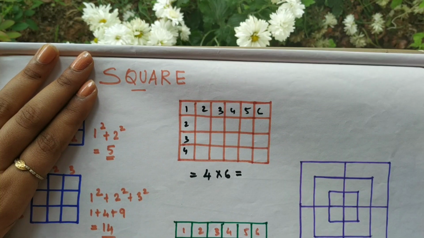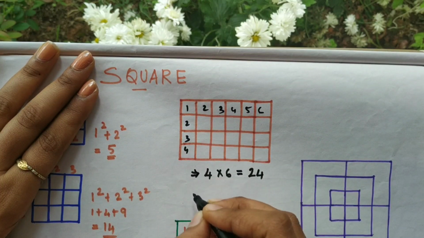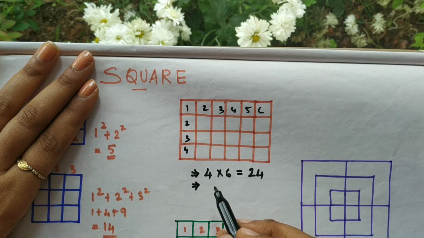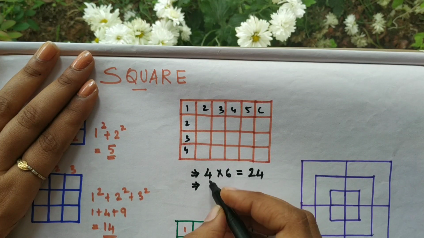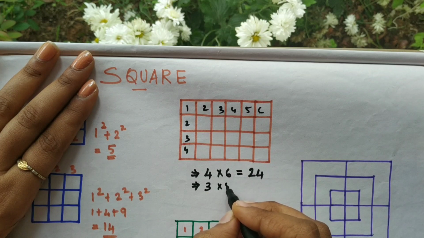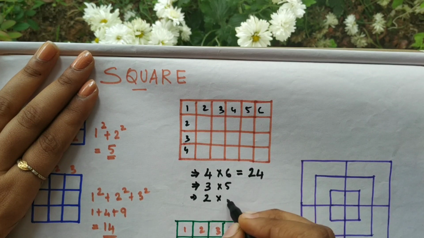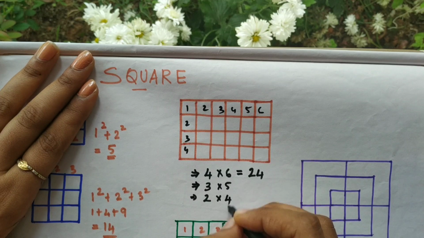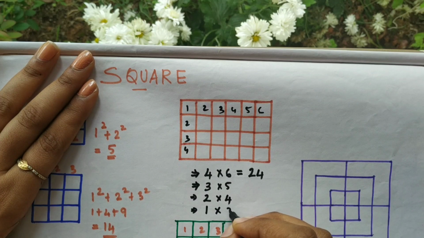Next, we minus 1 here and minus 1 here. It is 3 into 5, and 2 into 4, and here it is 1 into 3.